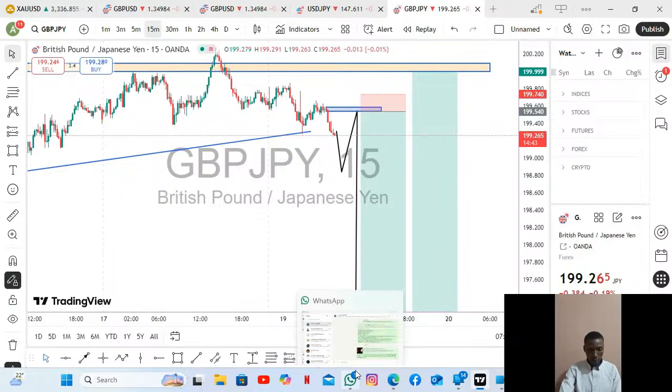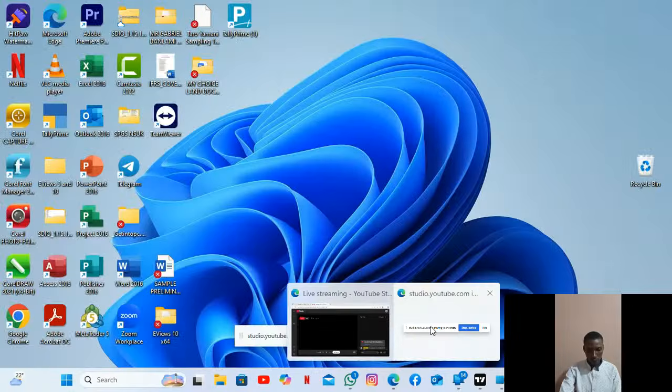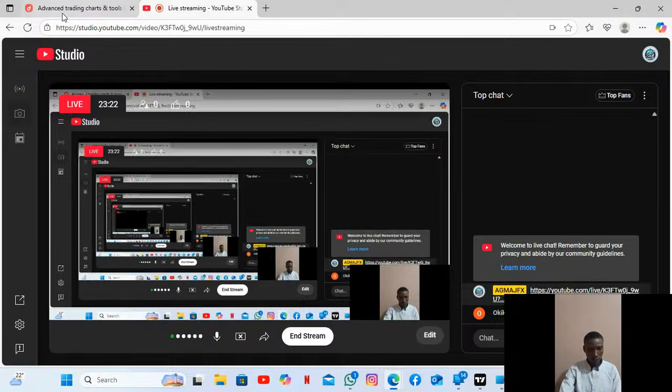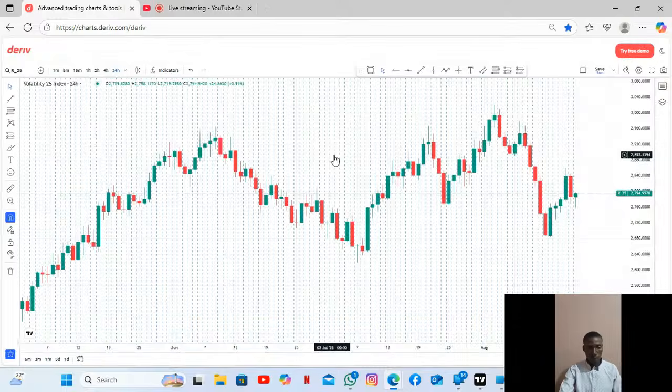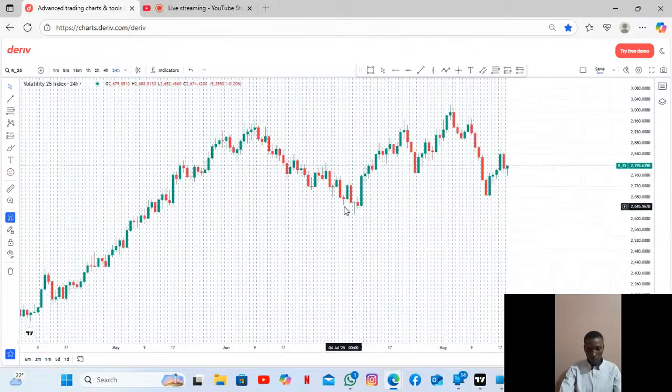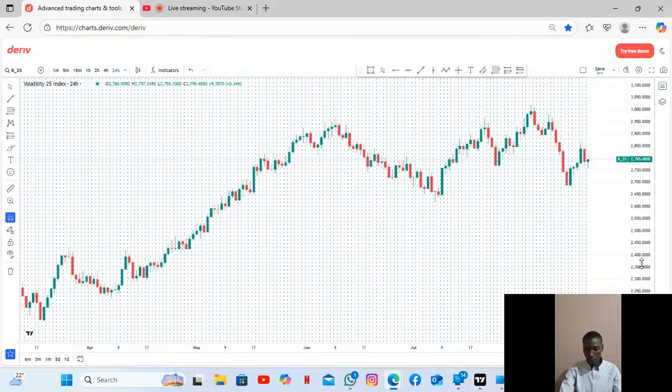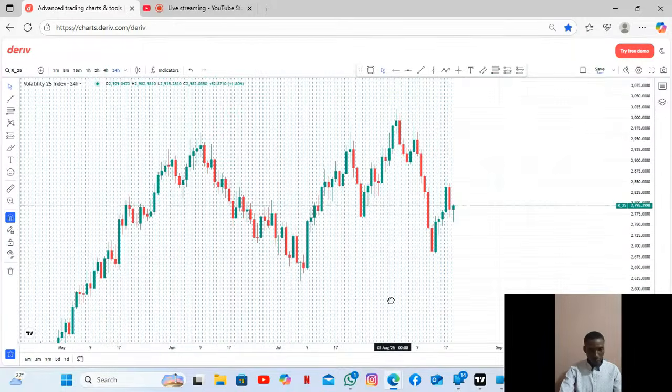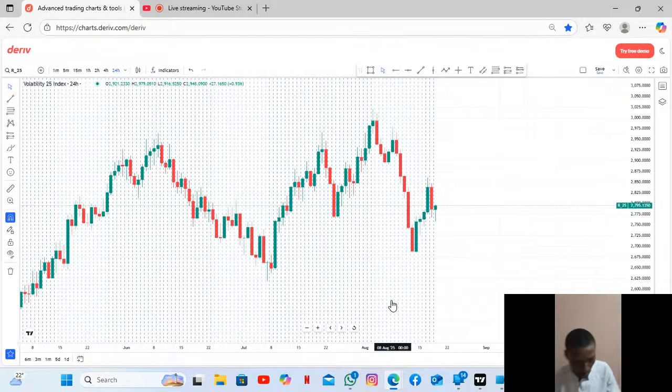I want us to look at our Deriv pair. Let's see the Volatility 25 Index. For those of us who are trading synthetic, quickly let's look at what we have. In the daily time frame for Volatility 25 Index, what do we have?